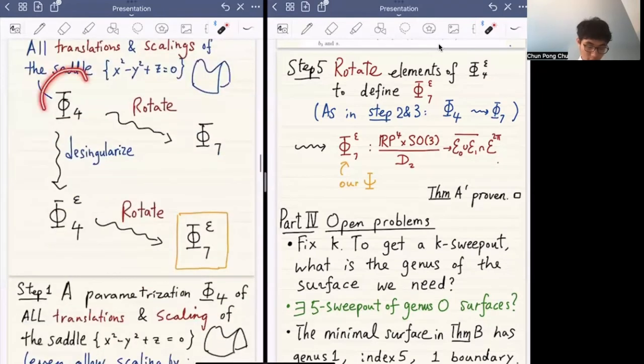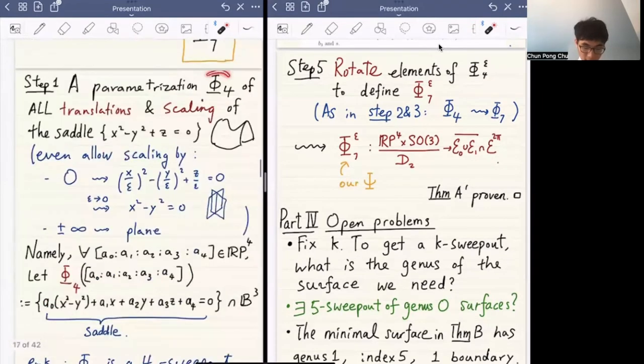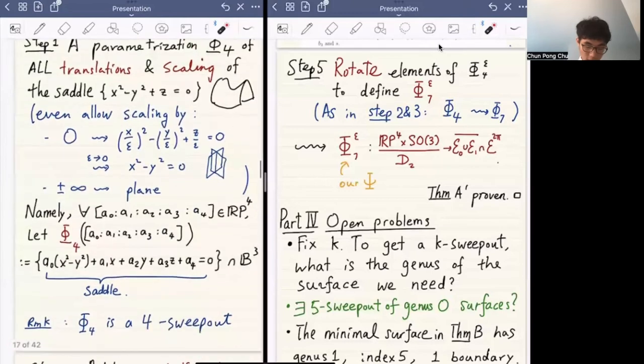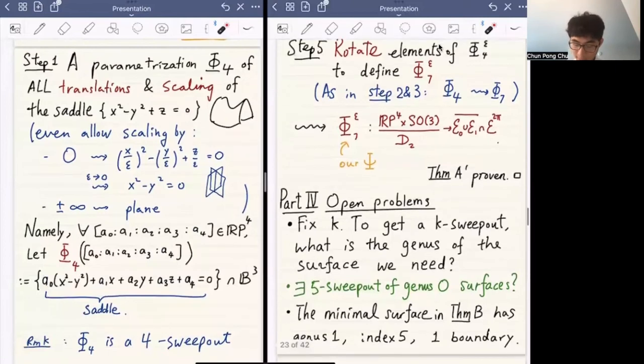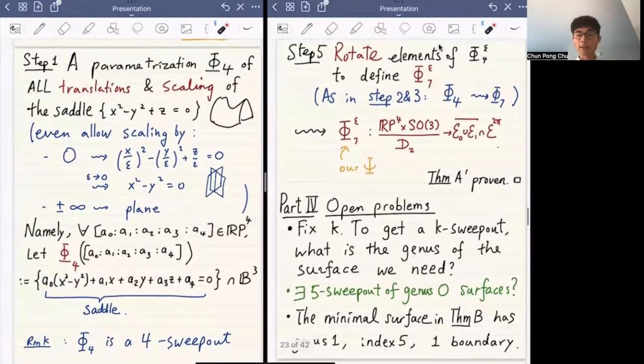So this is phi 4, the parametrization of all translation and scaling. So phi 4 is in fact a 4 speed bump. And then if you add in rotation, you get a 6 speed bump actually. And this is our psi basically. So as desired.